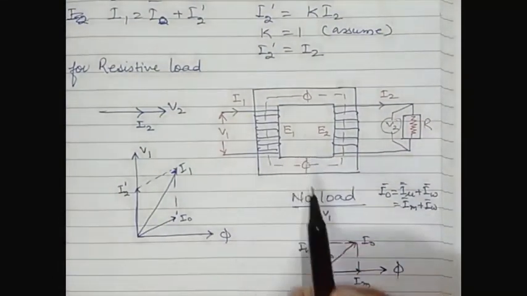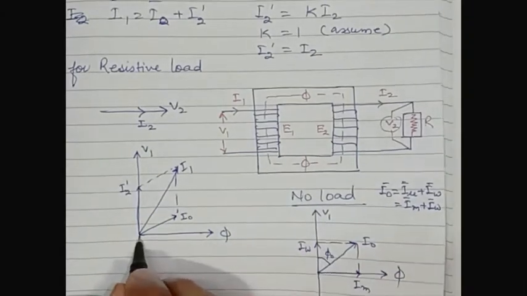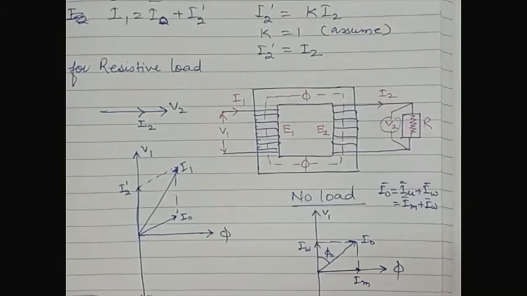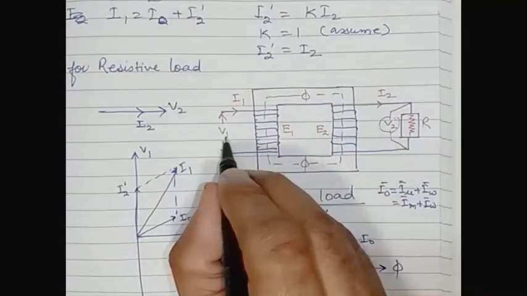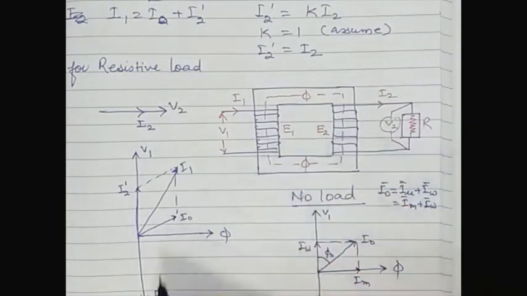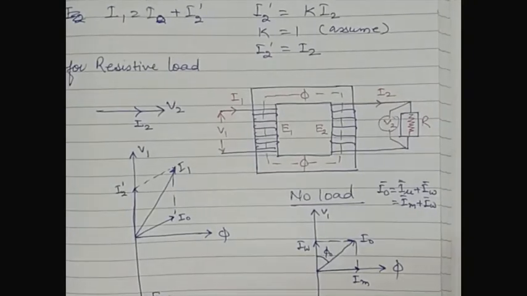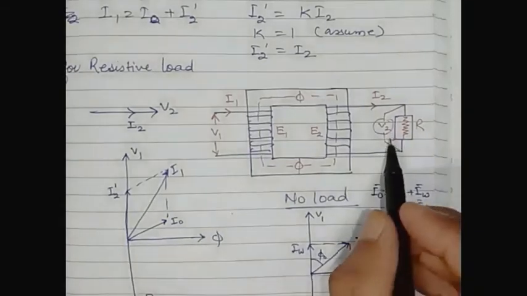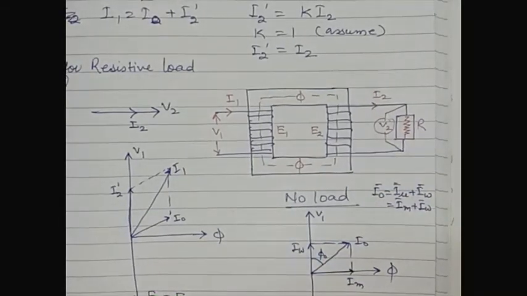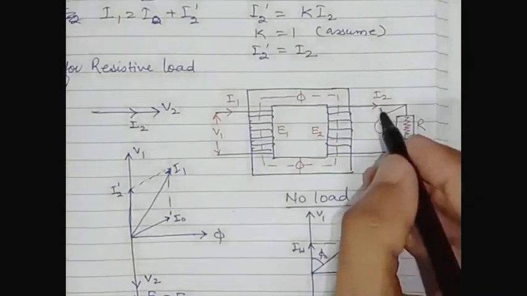Now, E1 is drawn in the opposite direction, as E1 opposes V1. Let us suppose E1 is equal to E2, so this is E2, and this is V2.